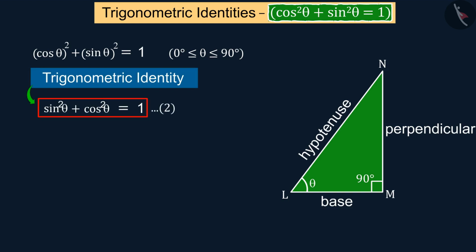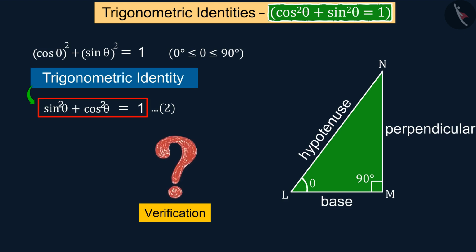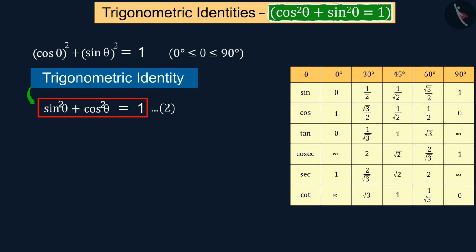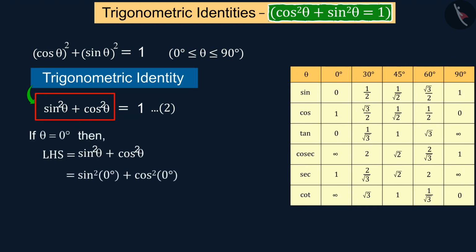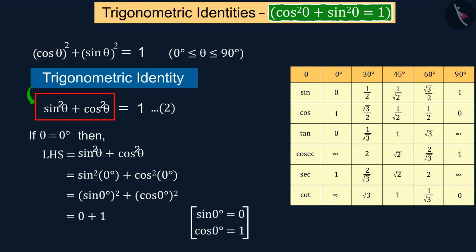Let's see that this identity is verified between 0 degrees and a 90 degree angle. Put the value of 0 degrees for theta in the left side of equation 2 for solving. Then, with the help of trigonometric ratios, we get the value of the left side as 1, which is equal to the right side of the above trigonometric identity.